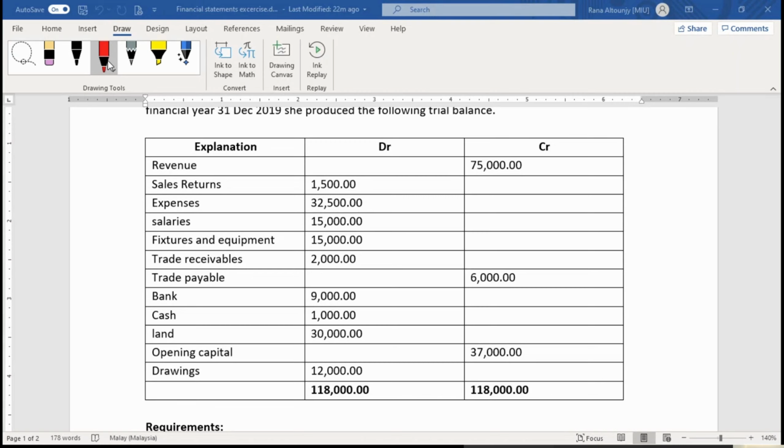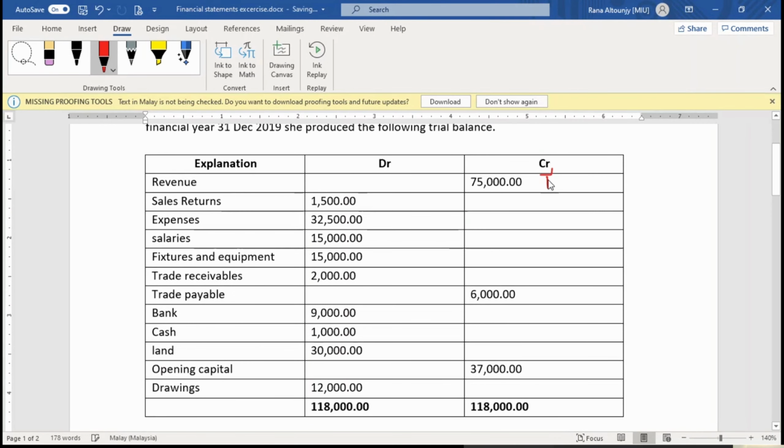We start with the revenue. Revenue, where do we put it? Just tell me, financial position or income statement? Revenue, income statement, good. Revenue is income statement. Very good.